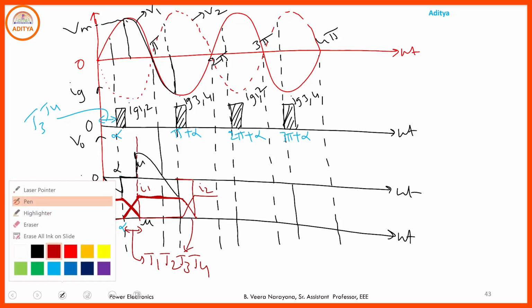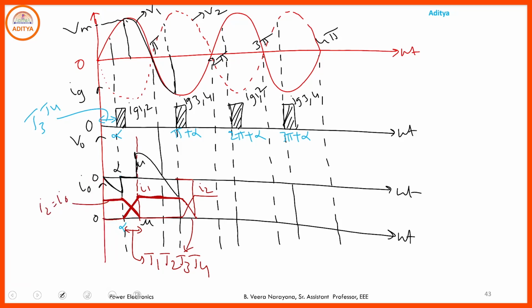And here onwards you have I2. So from pi plus alpha plus mu to 2 pi plus alpha, you have the output voltage, and the current waveform is simply like this. And again at 2 pi plus alpha, we provide the gate pulse to T1, T2. So here T3, T4 are the outgoing SCRs and T1, T2 are the incoming SCRs. Again there is an overlapping period.